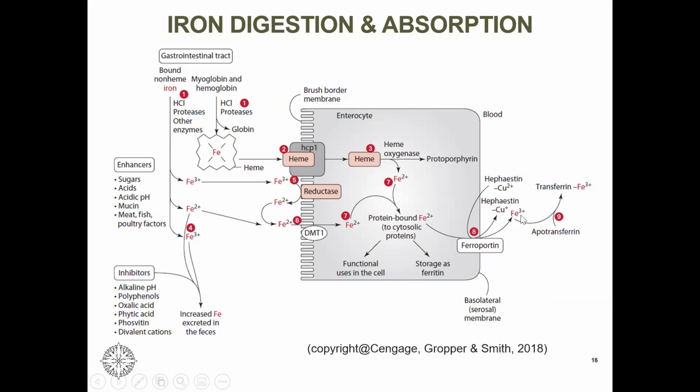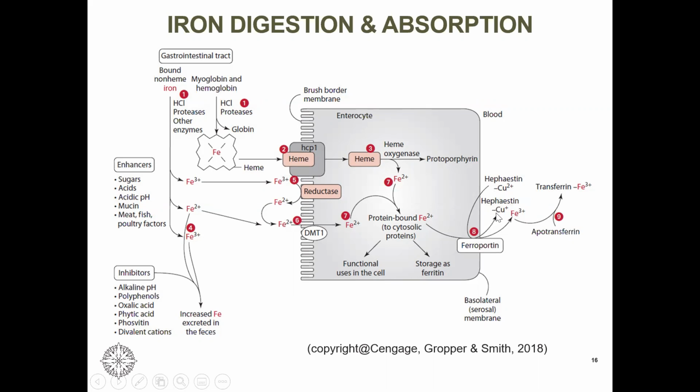We use copper here. So there is a copper dependent enzyme called hephaestin. This enzyme donates that extra electron to iron. So now we have iron 3 plus. And both these steps are acting kind of simultaneously.